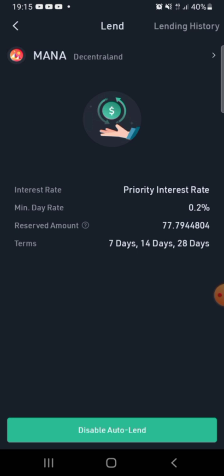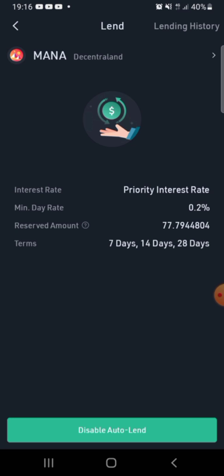If the person who borrowed your funds can't pay back, whatever collateral they put down is what will go to your account, and then the rest will be covered by KuCoin's treasury, if I'm not wrong. If you guys know more than me, put this info in the description or in the comments for those of us that are learning or are new to this crypto space.